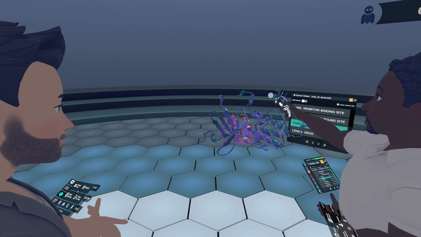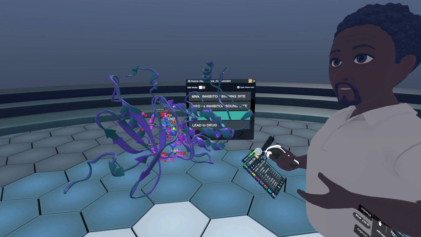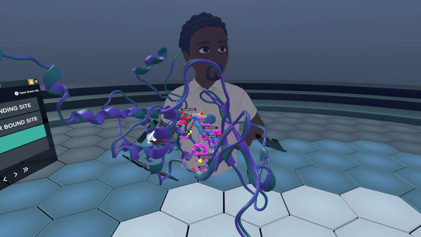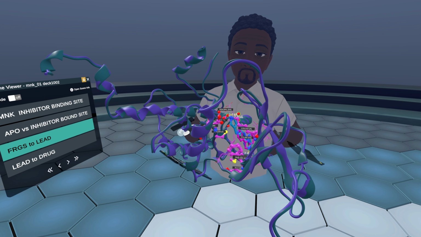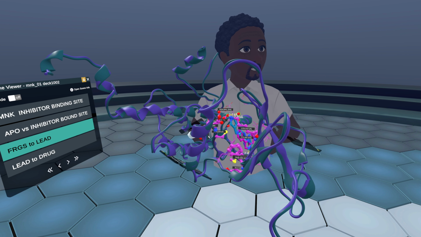So, what do you do when you found 3 or 4 fragments bound? Well, the next step is really to start developing molecules, and I'm going to take you from what happened from this fragment to the final drug candidate that was made by this particular group.